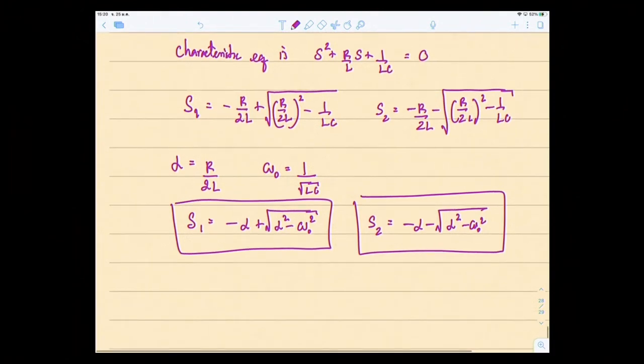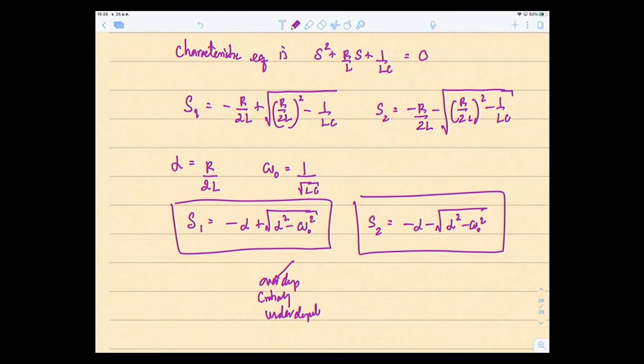And of course, depending on the value of alpha and omega naught, these can be overdamped, critically damped, or underdamped. So this is the series RLC circuit.